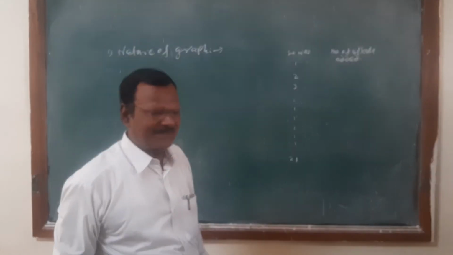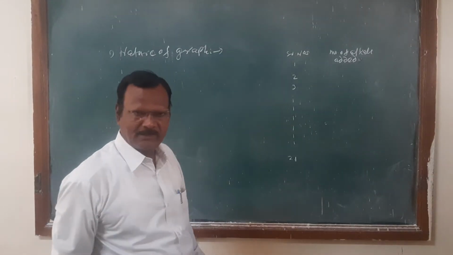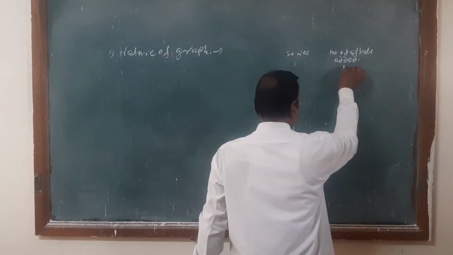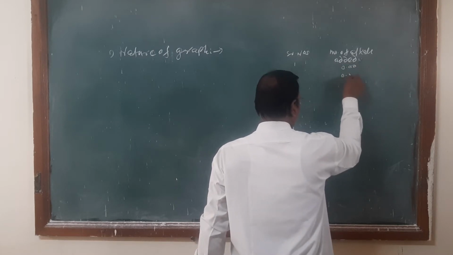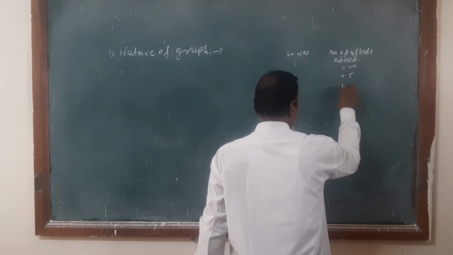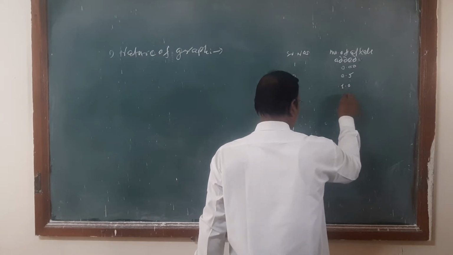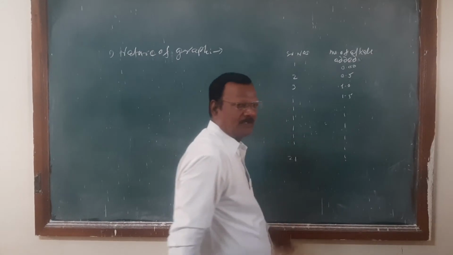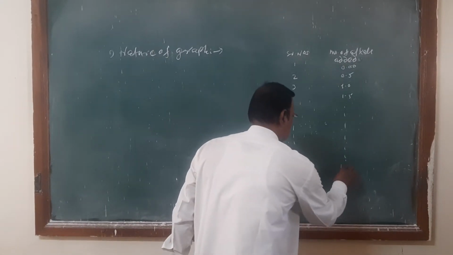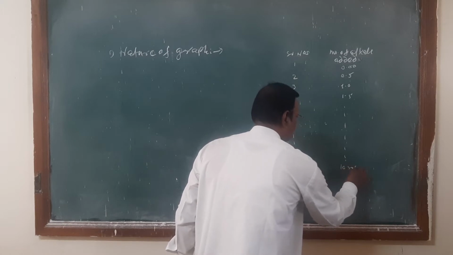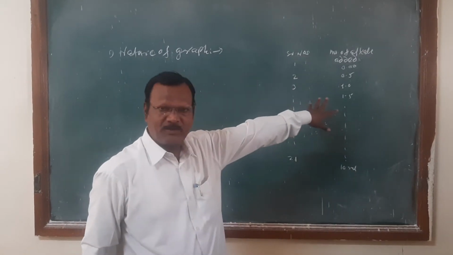The readings are first 0.00 ml, secondly 0.5, thirdly 1.0, then 1.5 and so on up to 10 ml. This is our addition of alkali.